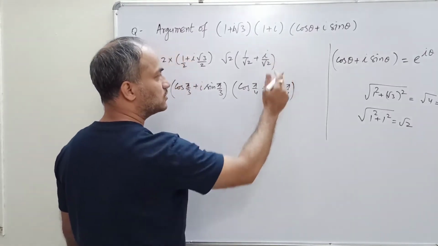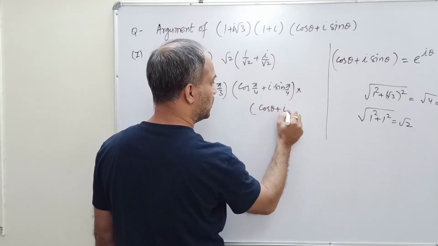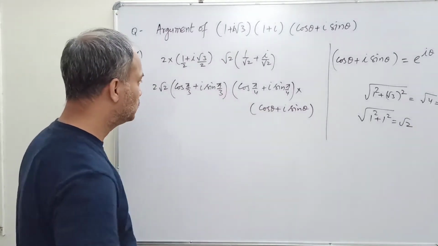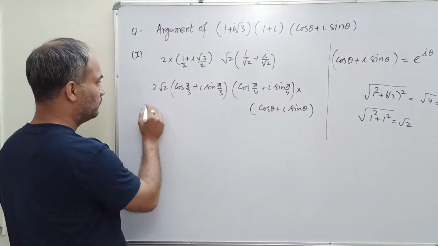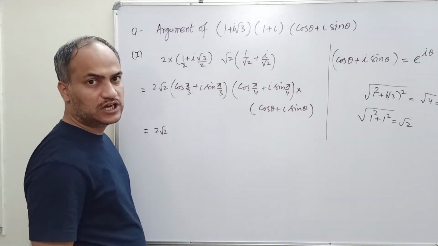Now the third term is cos theta plus i sin theta. So before multiplying these three terms, we can write them in e to the power i theta notation.